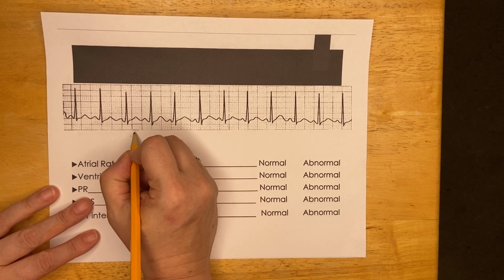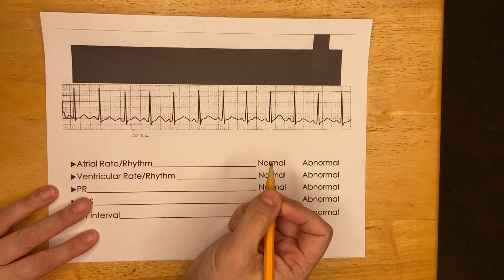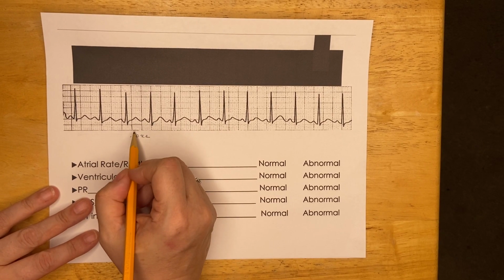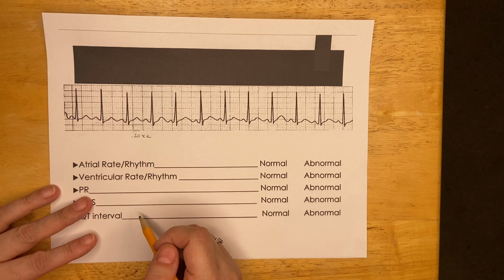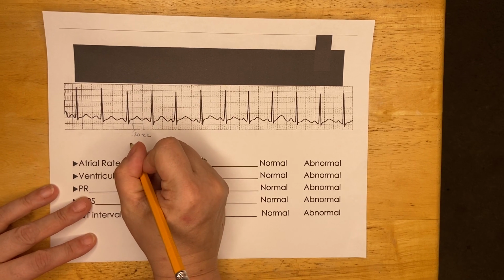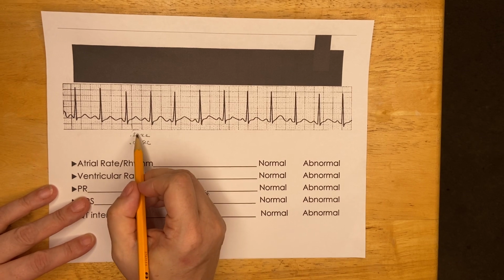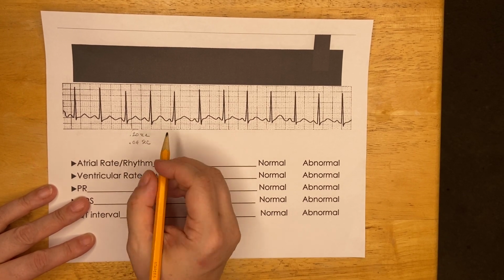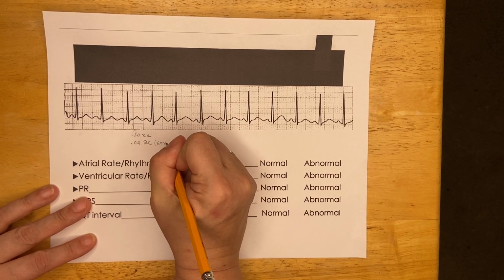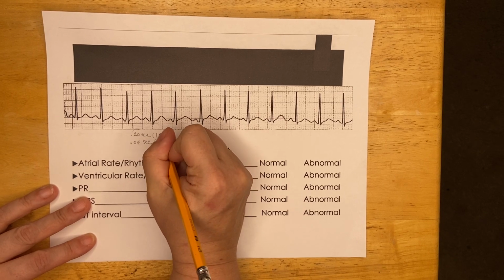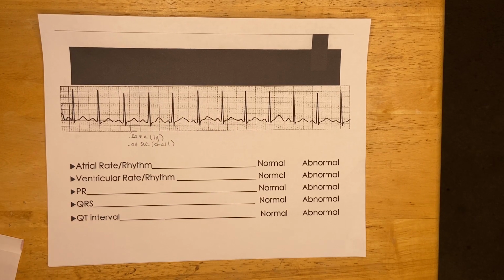Each one of those is 0.2 seconds long. Each one of these big boxes has little boxes in it. Those are each 0.04 seconds. So 5 of those is 0.2. So, small and large.